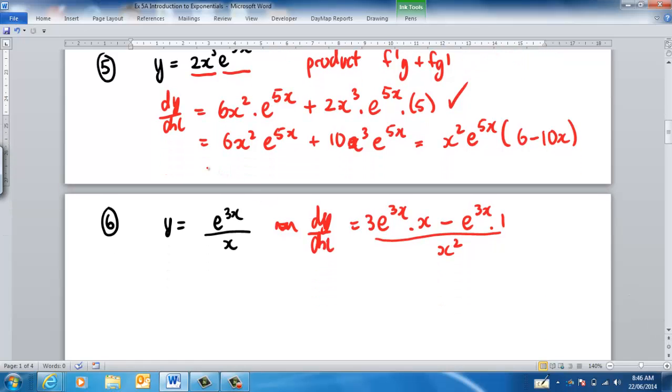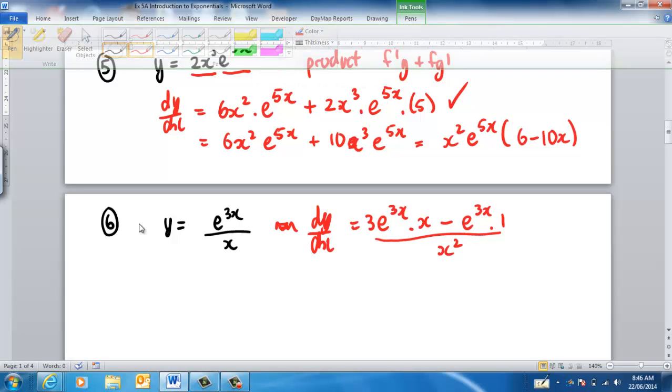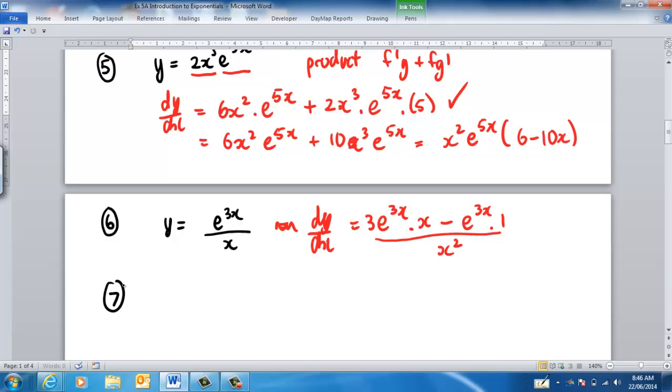Let's do just one more, just so you get the idea of what's going on. So number 7, y equals 1 plus 3e to the x cubed, and then that's to the power of 5.